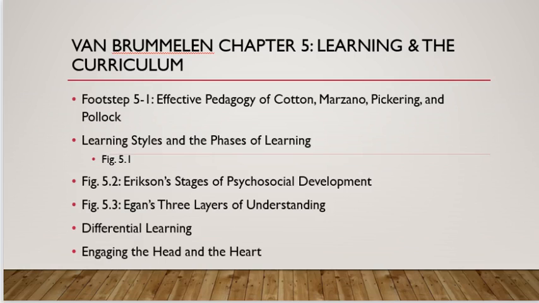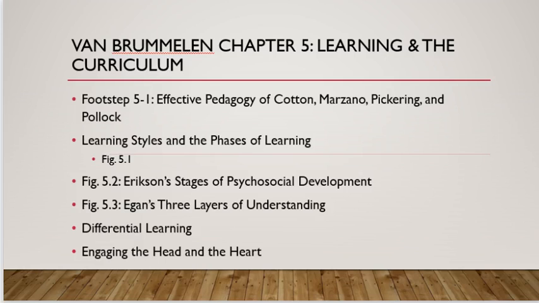The first one, Figure 5.1, looks at a comparison between Cotton and really Marzano. Of course, Marzano is a very popular person right now in the field, and one that many school districts look to for evaluation of teachers and things of that nature. So please take a look at that chart as you go through there.